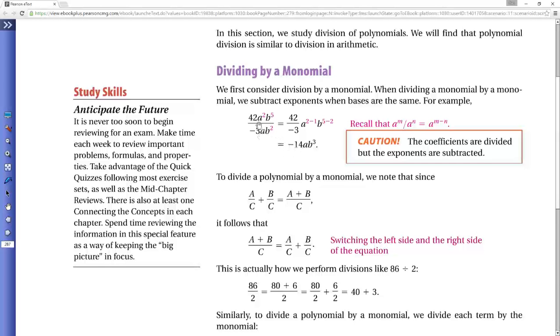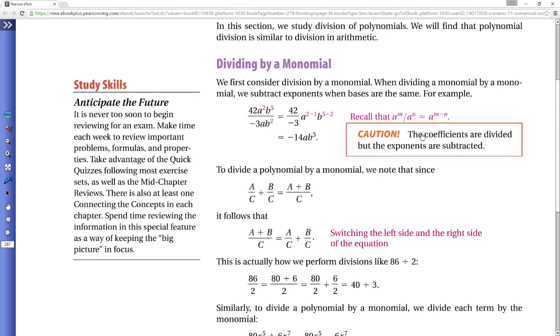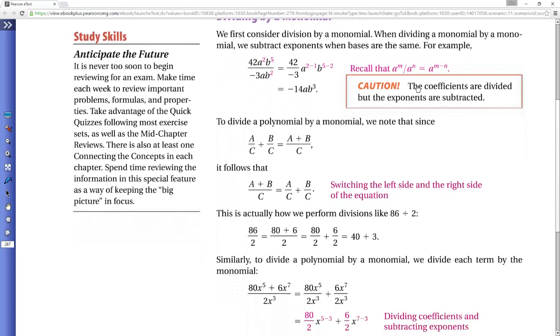You get negative 14. You take the fraction a squared over a, and that'll give you this shortcut, and then times this fraction b to the 5th over b to the 2nd, which will give you this shortcut. That's why we can apply that rule of subtracting exponents for division.